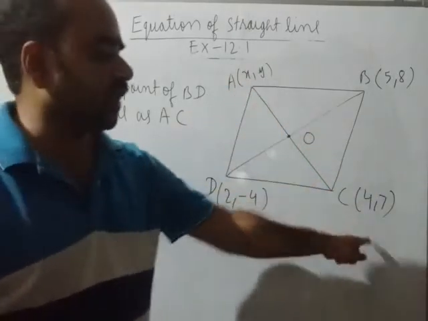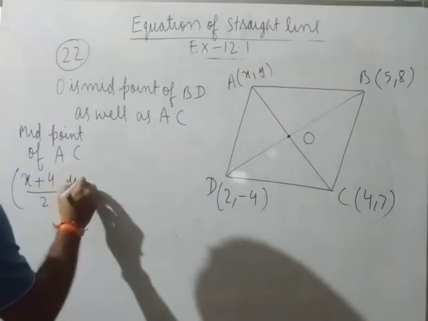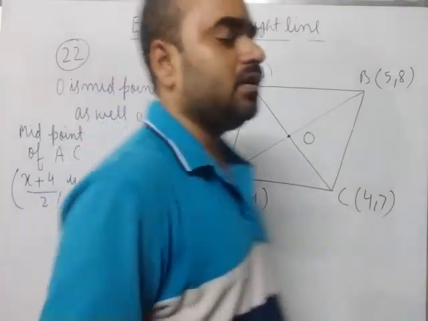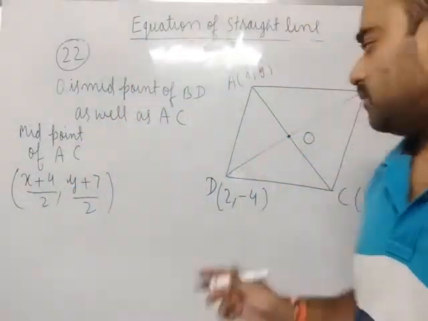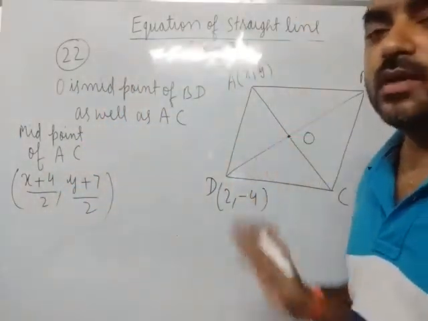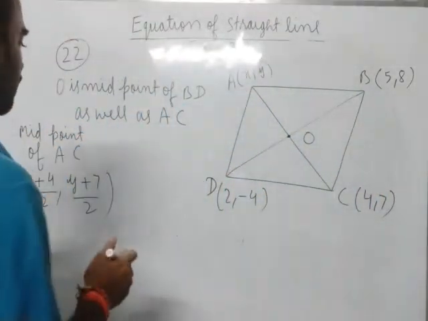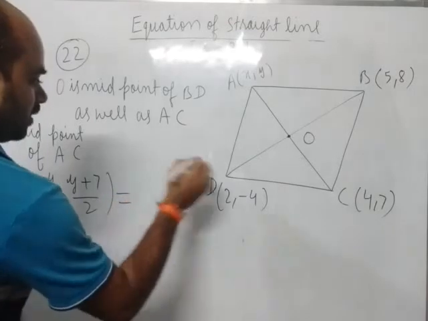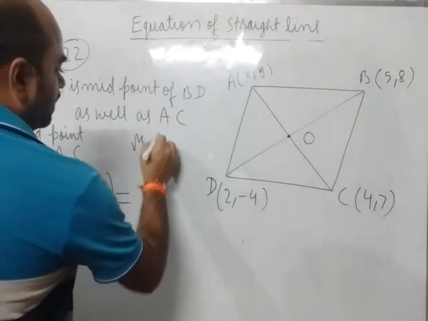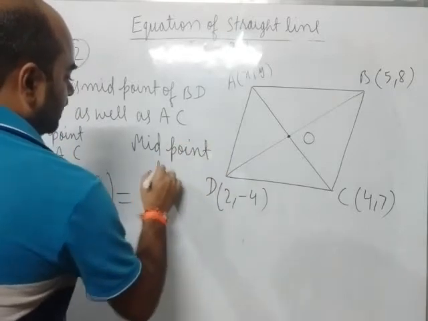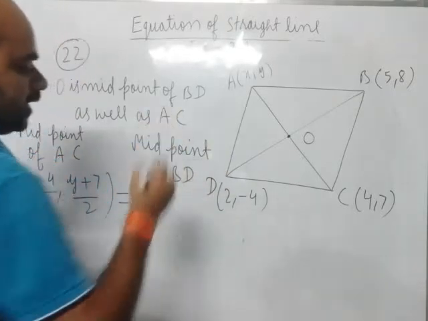Then y1 plus y2 by 2, it means y plus 7 by 2. Understood? That is the midpoint of AC. Similarly, we will calculate the midpoint of BD. Both will be equal, the midpoint of AC and the midpoint of BD.